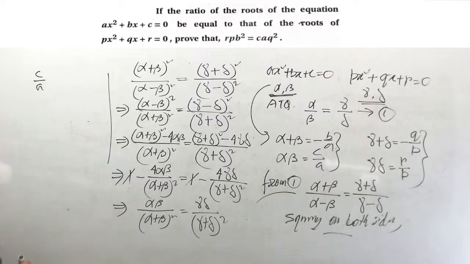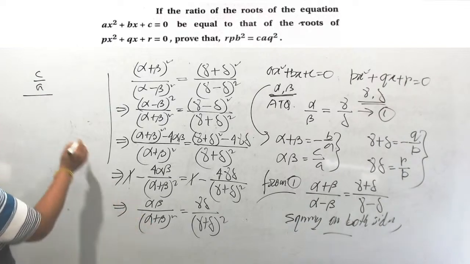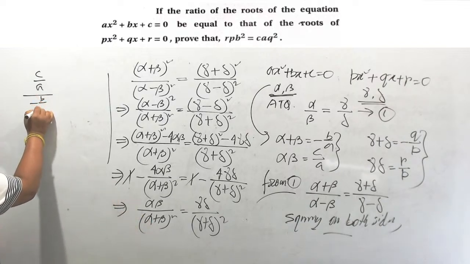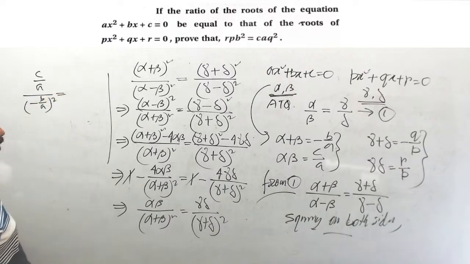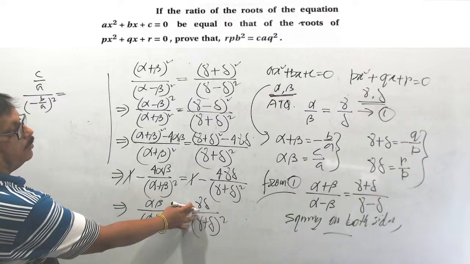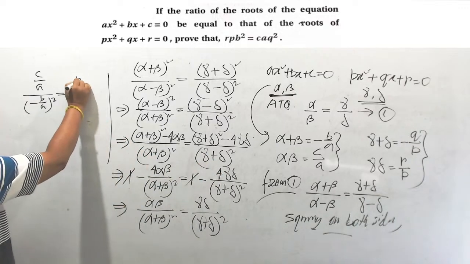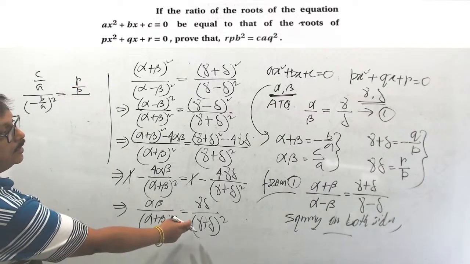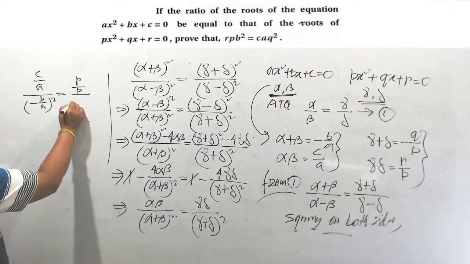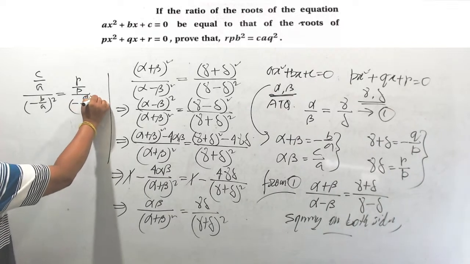Yes, c by a divided by alpha plus beta, that is minus b by a, whole square. This equals gamma delta, which is r by p, divided by gamma plus delta, that is minus q by p, whole square. Understood?